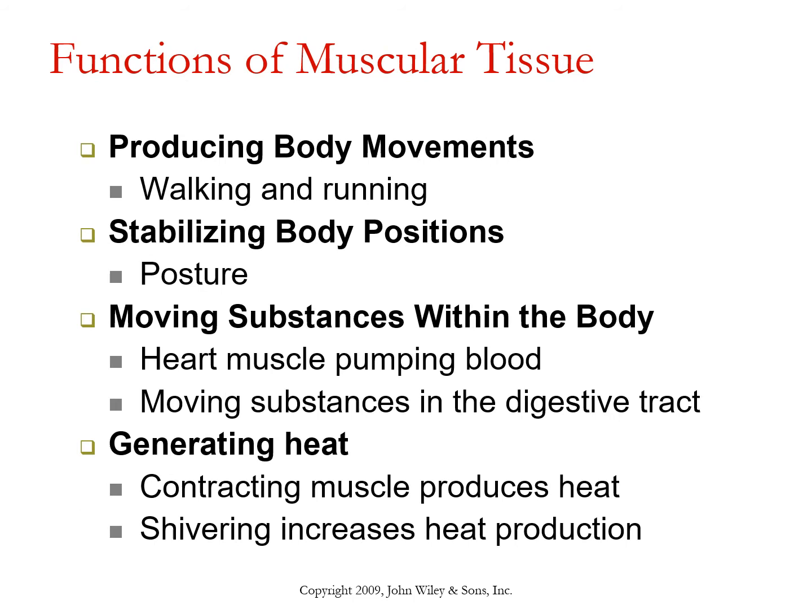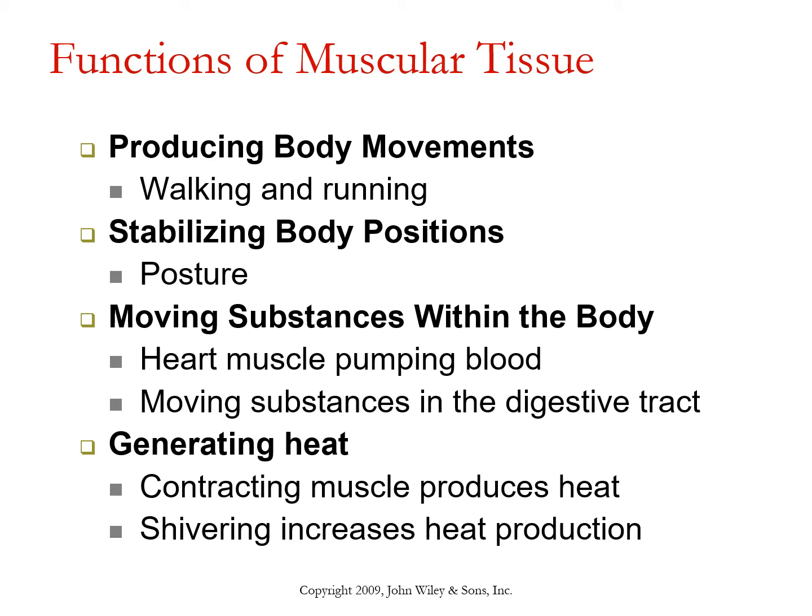So taken together, here's an overview of the functions of muscular tissue. You should be able to link a specific type of muscular tissue to each of these functions. For example, producing body movements such as walking and running is the activity of skeletal muscle, as is stabilizing body positions and maintaining posture.